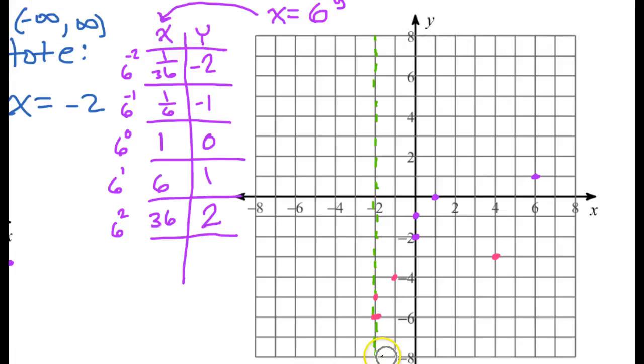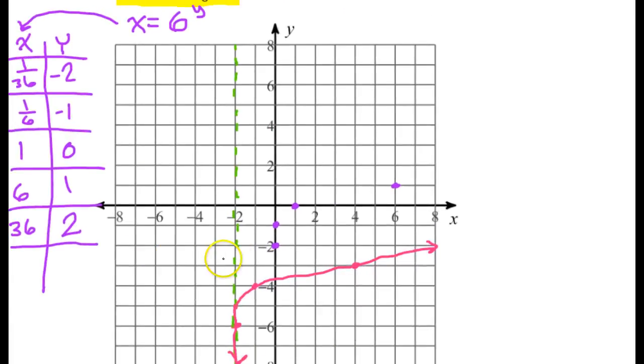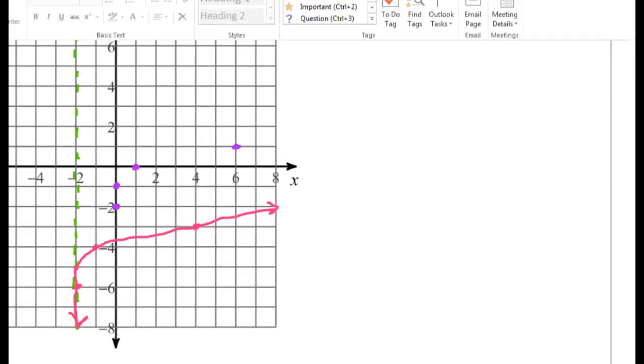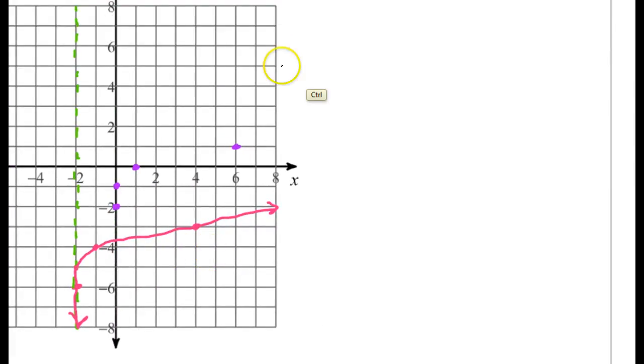Okay, so now we can go ahead and draw the curve. Okay, so your graph should look something like that. With that in mind, let's go ahead and write the domain and range and the asymptote.